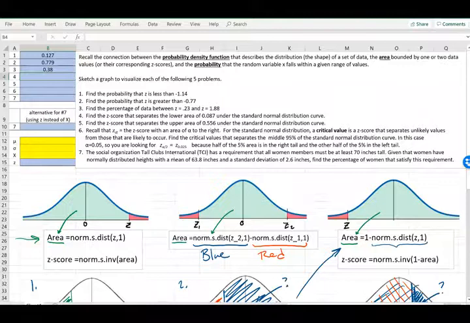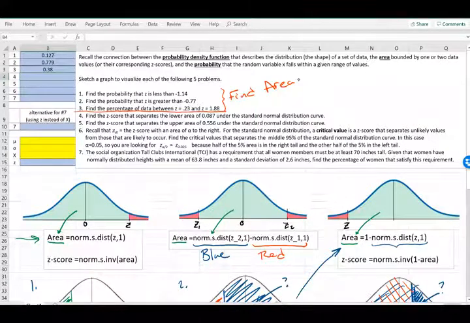Now, for numbers 4 and 5, now we have the other type of problem. In numbers 1, 2, and 3, we were asked to find the area, find the probability.